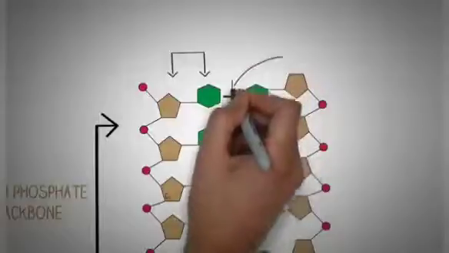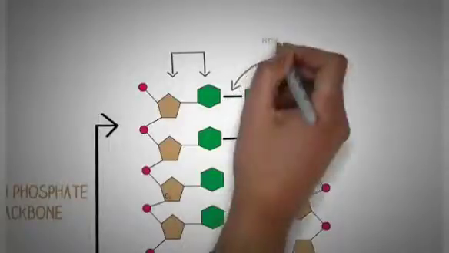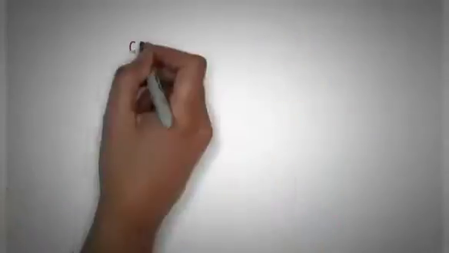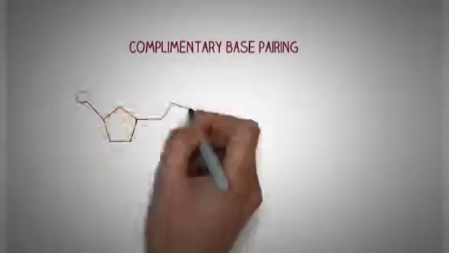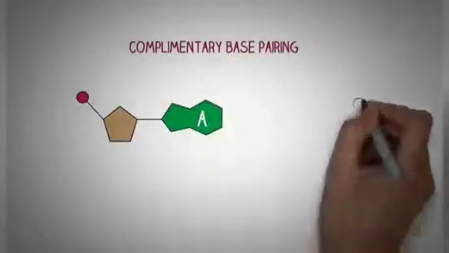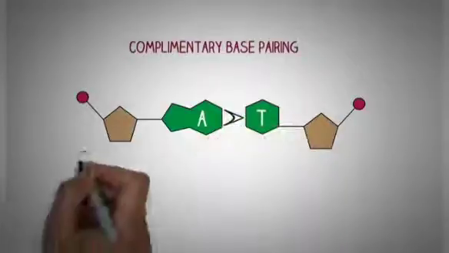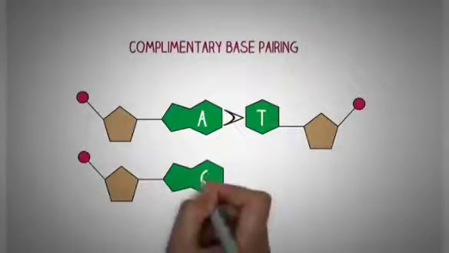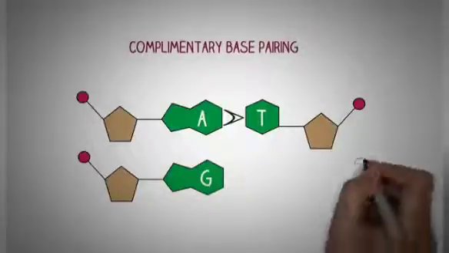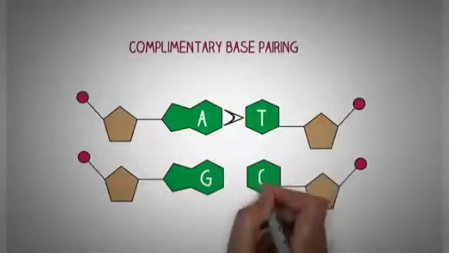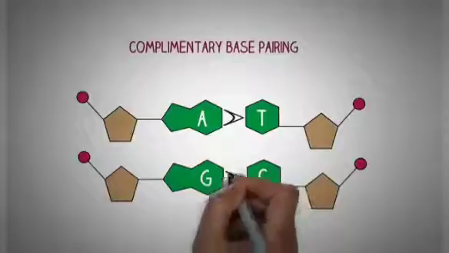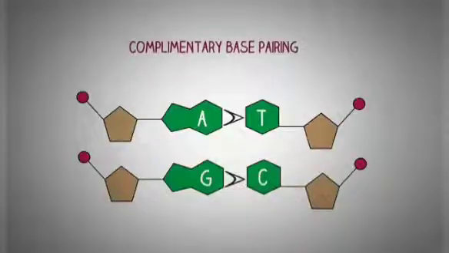Now here comes the role of complementary base pairing. Complementary base pairing says that only adenine forms a hydrogen bond with thymine and only guanine forms a hydrogen bond with cytosine. Now this is the universal rule that is applied in the structure of a DNA.